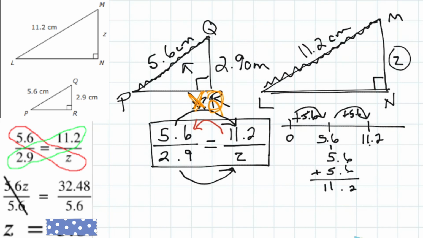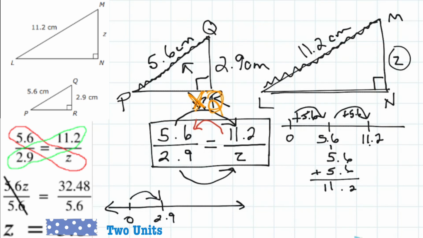All right, so we know we're going to multiply by 2, also known as adding 2.9 to itself. Okay? So on our number line, we're going to go up to 2.9 plus 2.9 here, plus 2.9 one more time, and we get to the value of Z.